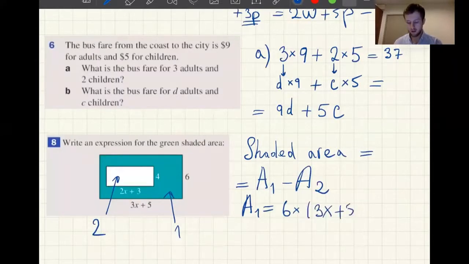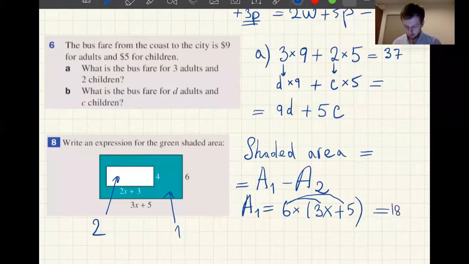Oh, I see why they call it challenging, because maybe you haven't learned expanding brackets yet. The way to expand the brackets is to multiply each item in the brackets by the item before the bracket. So 6 times 3x, and then 6 times 5. We don't have a lot of space, so I'm just going to write it here.